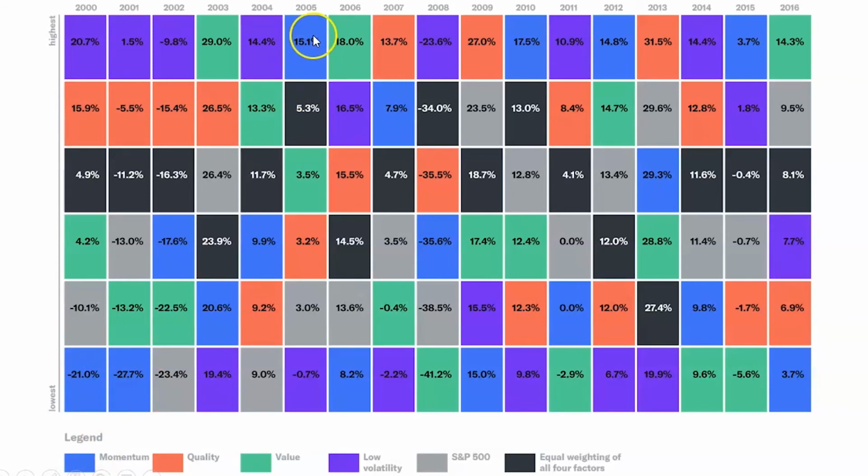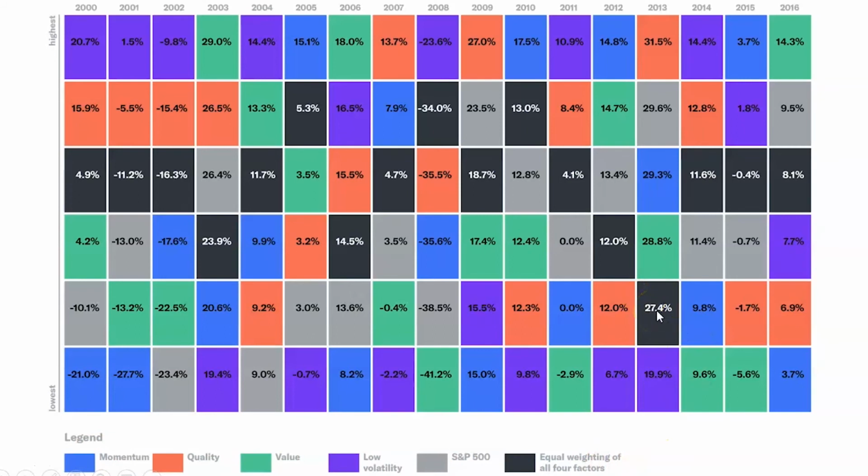And so these are the different strategies that they're breaking into, or actually considered factors. So for example, you have quality factor, you have value, you have low volatility, and those are the different 4 factors here. And then the S&P 500 is this gray box, and the equally weighted factors are in the black box.